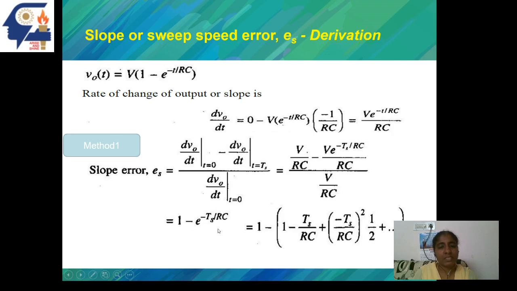On simplification, 1 minus 1 gets cancelled, so minus into minus becomes plus. The first term will be Ts by Rc, the second term will be minus Ts by Rc whole square into half. If higher order terms from second order onwards are neglected, we are left with Ts by Rc. This becomes the sweep error. This is the first method of getting the expression for sweep error.